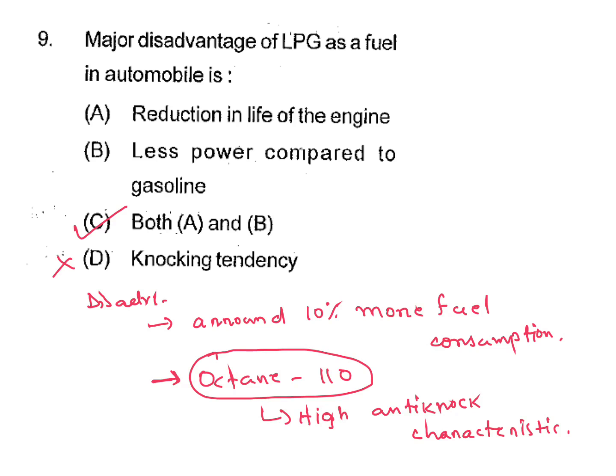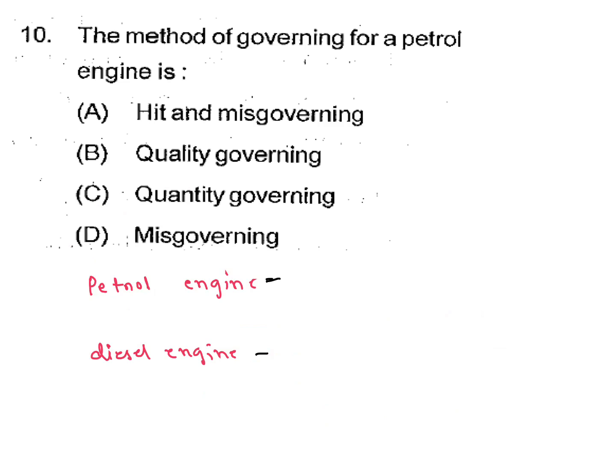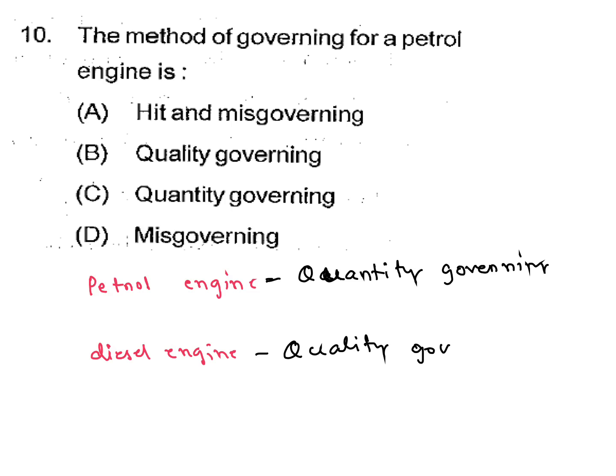The method of governing for a petrol engine is quantity governing. And for diesel engine, it's quality governing. One more thing is important here, the mixture.